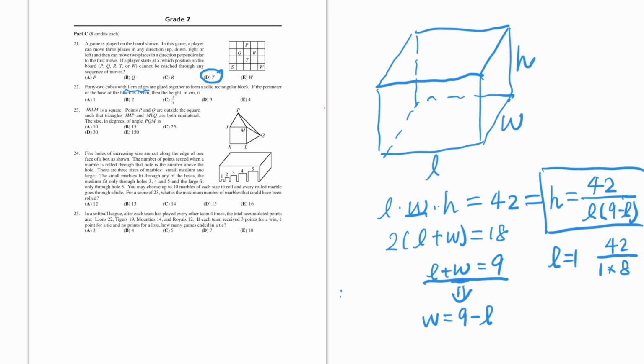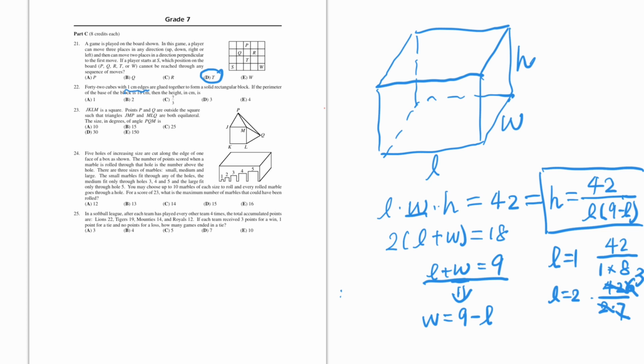So this is not our answer. If the length equals the 2, so the height will be the 42 over 2 times 9 minus 2, that's the 7. Now we can cancel the 7, that's the 6. Cancel 2, give us 3. So the height equals 3, that's the integer.